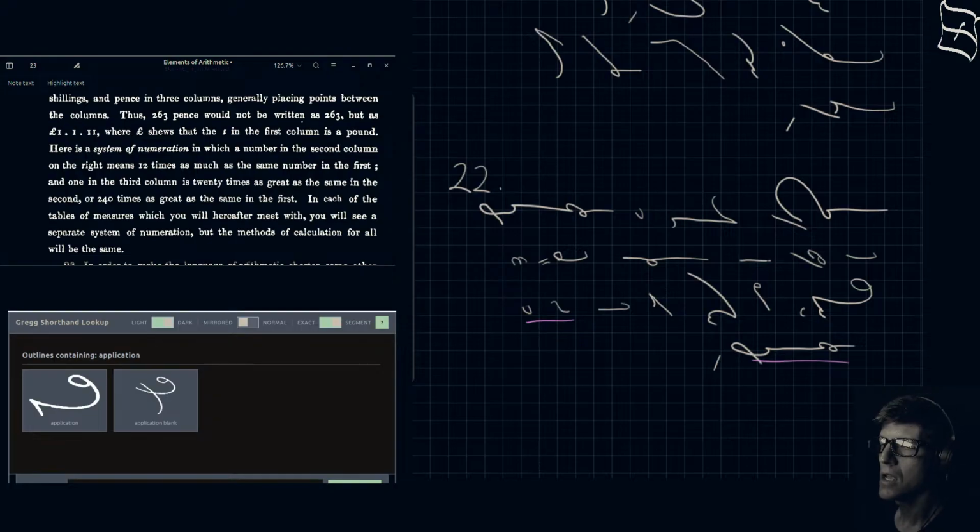It says, here is a system of numeration in which a number in the second column on the right means 12 times as much as the same number in the first, and one in the third column is 20 times as great as the same in the second, or 240 times as great as the same in the first. In each of the table of measures which you will hereafter meet with, you will see a separate system of numeration, but the methods of calculation for all will be the same.